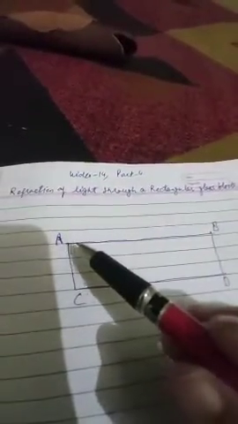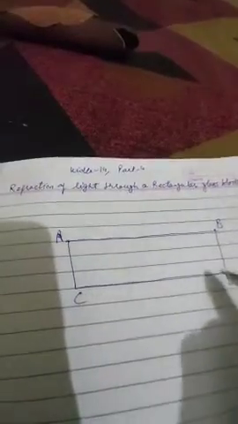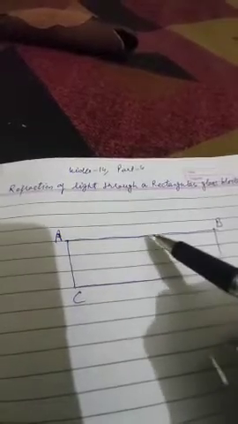A, B and C, D are its sides. Now just see that it has two refracting surfaces, AB and CD. AB and CD surfaces are parallel to each other.